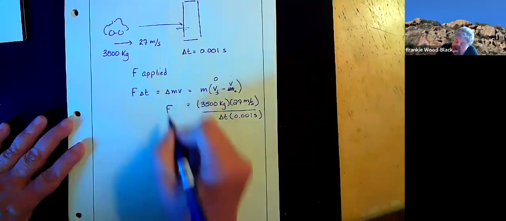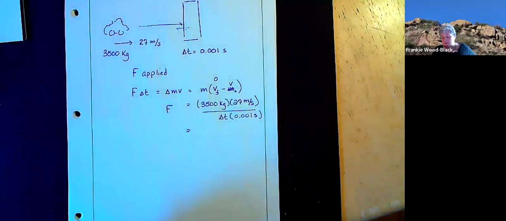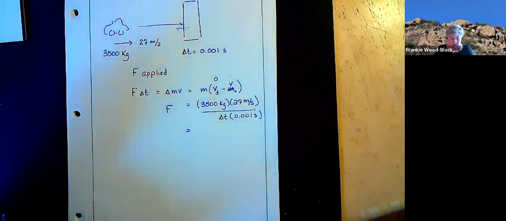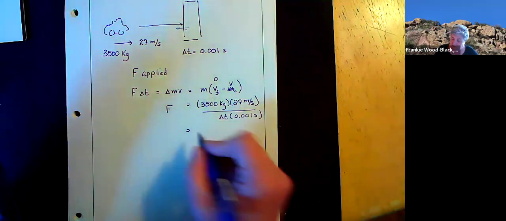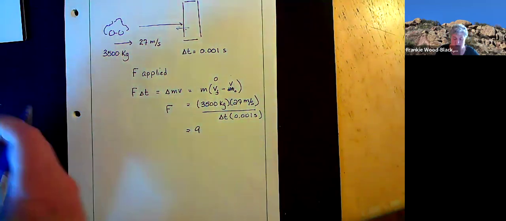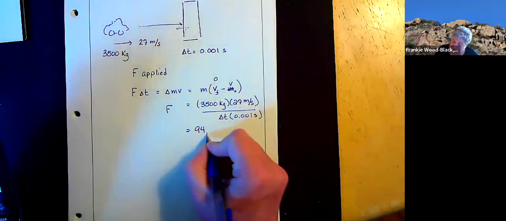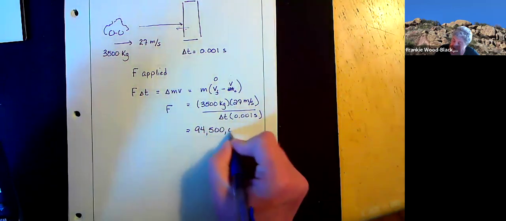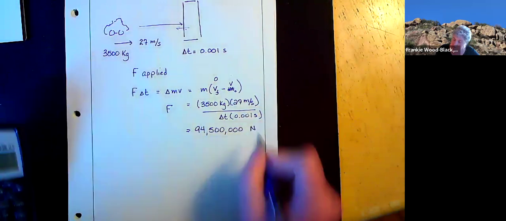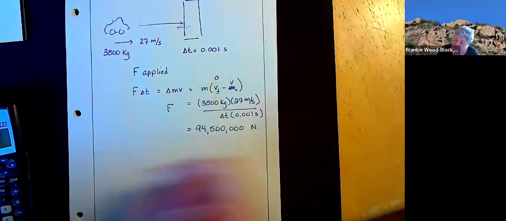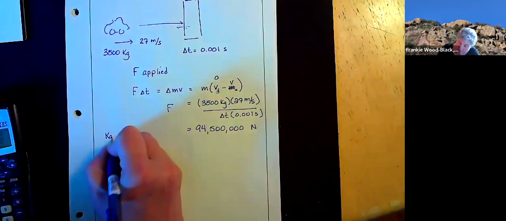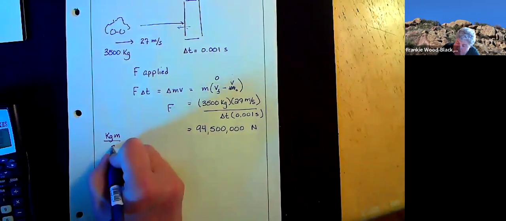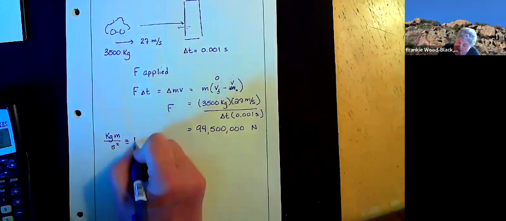The force that's going to be applied is 3,500 times 27 divided by 0.001, and it's going to be 94,500,000 newtons, because a kilogram meter per second squared is defined as a newton.